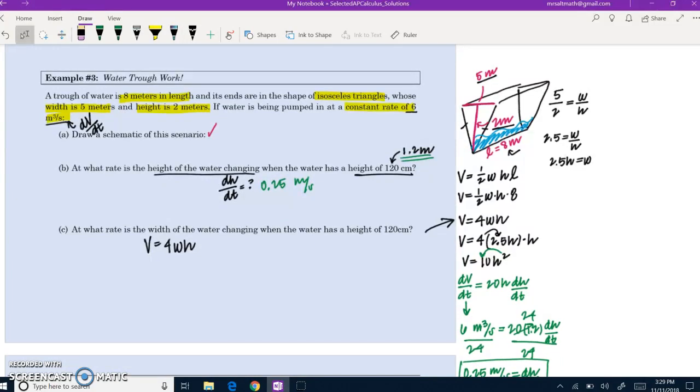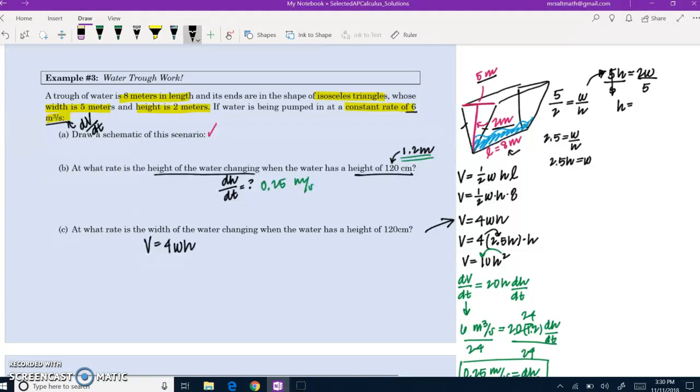And then we substituted in for W a relationship to get all H values, so all height values. We can do the same thing when we're trying to substitute in for H to only be working in width values. So if I come back here, we can just cross multiply real quick and say 5H equals 2W. Then if we're trying to get H by itself, we divide by 5, divide by 5.